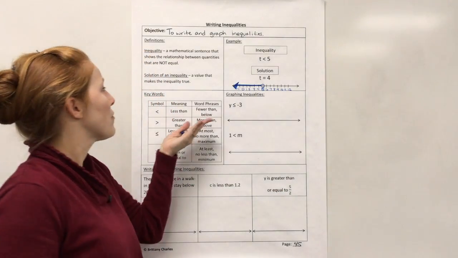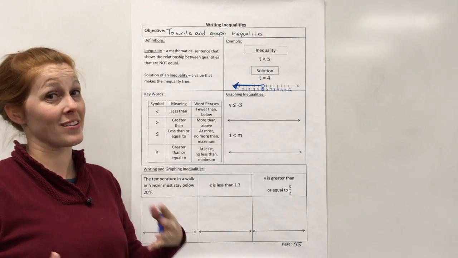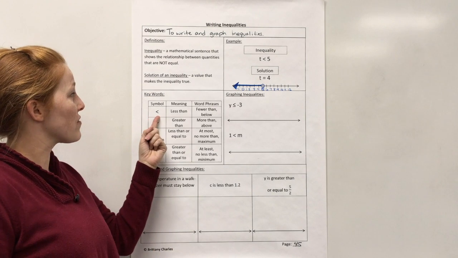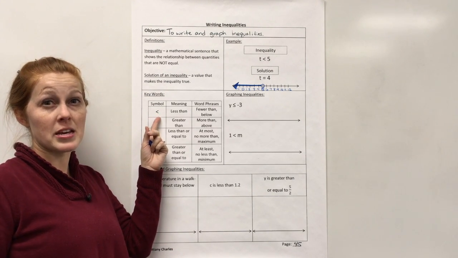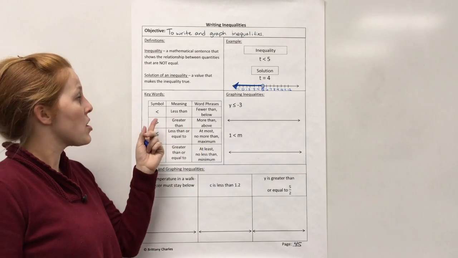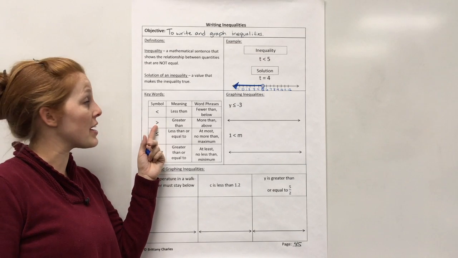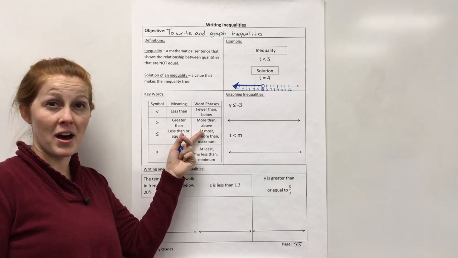Okay? So first of all, we need to learn these key phrases and the symbols and make sure we're able to recognize them. Right here we have the less than sign. A few other phrases that you might see in a word problem could be fewer than or below. Next we have the greater than sign, and some key phrases would be more than or above.